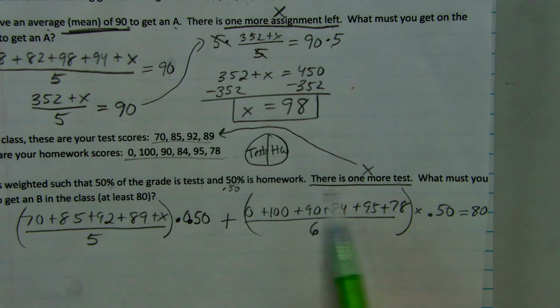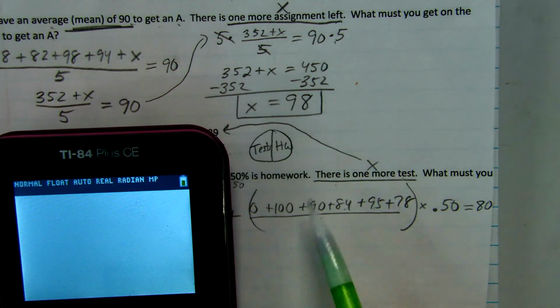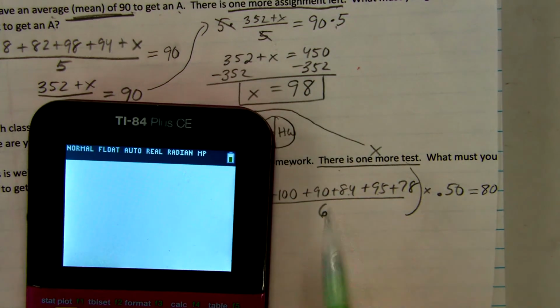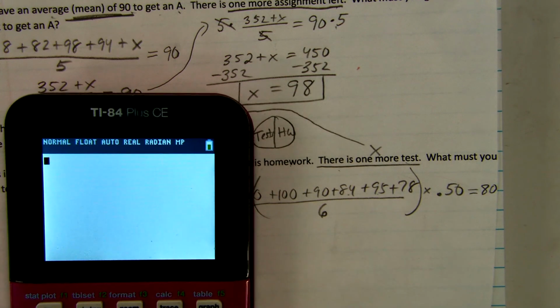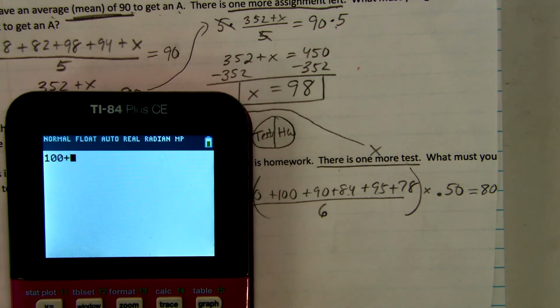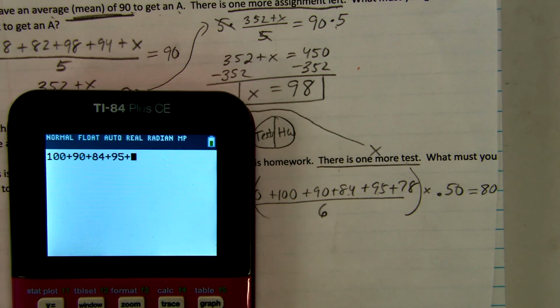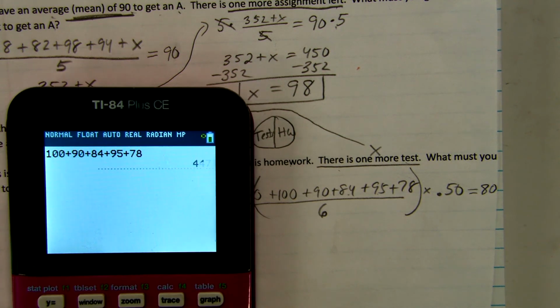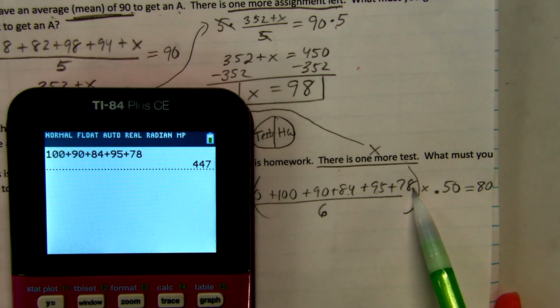So let's do this part first, because this is just straight math. So we add these all up. You don't have to put the 0 in, but you do have to count it as part of the 6, so that's why I wrote it. So 100 plus 90 plus 84 plus 95 plus 78 is 447.